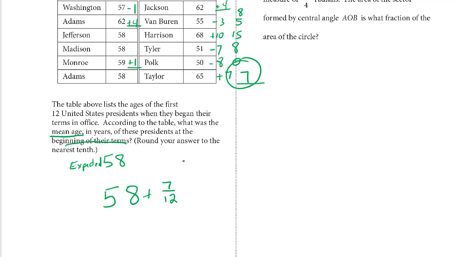And by the way, 1/12 is 0.0833, etc. So 7 times that is going to be roughly 0.58, so about 58.58, or 58.6 if we round it to the nearest tenth.